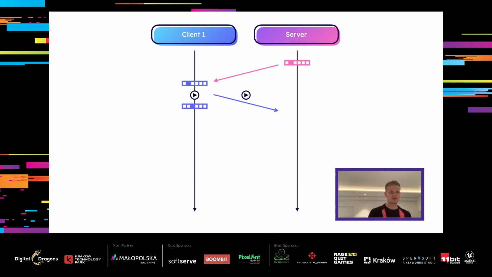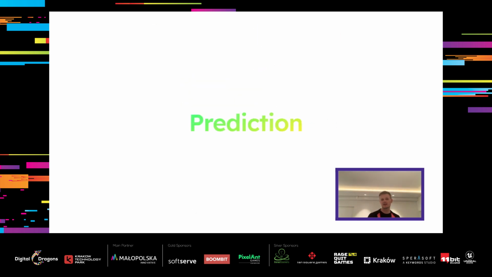So we're able to give feedback to the player instantly, and of course we inform the server so that the server can have the same state. That's the basic idea, and then when the new state comes back, we can confirm that we have the correct state. And that, ladies and gentlemen, is called prediction.